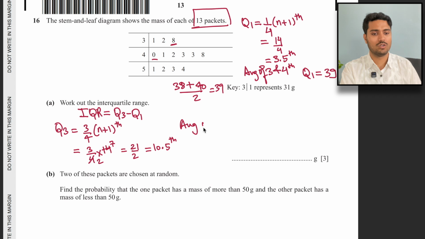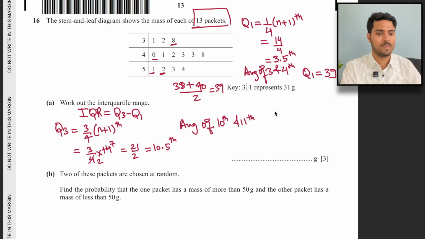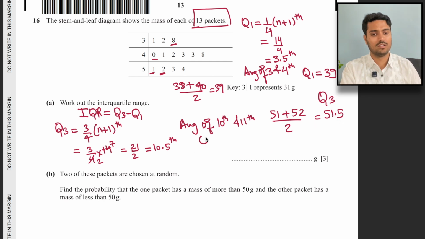That means the average of the 10th and 11th. So this is 4th, 5th, 6th, 7th, 8th, 9th, 10th. Okay, 1 2 3 4 5 6 7 8 9, 10 and 11. This is 10, this is 11. So it is going to be 51 plus 52 by 2. That means the average is 51.5, and this is our Q3.